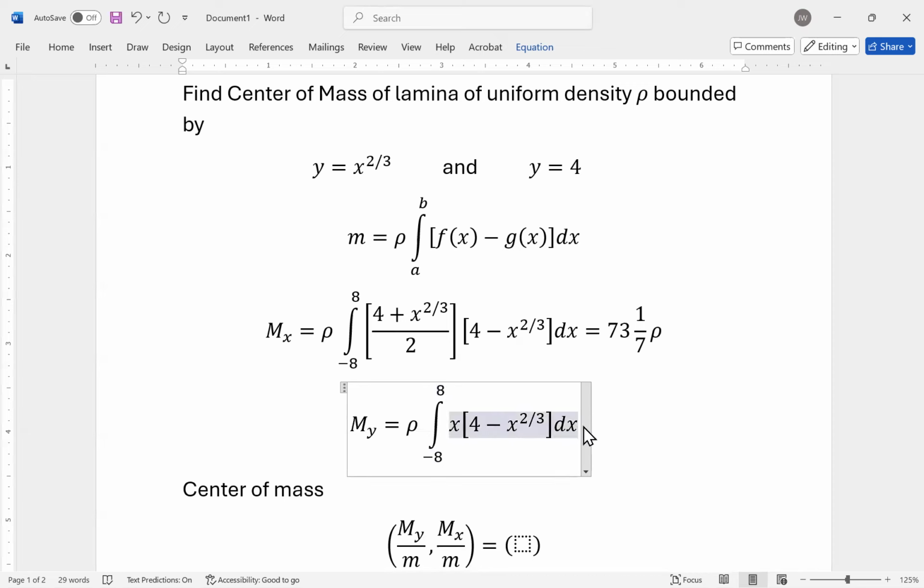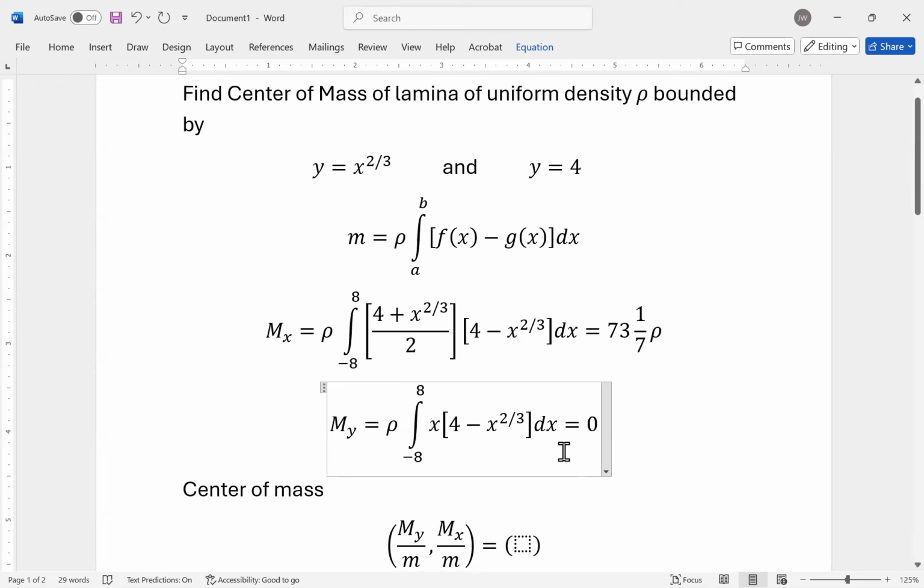When we do this integration, we get 0, or 0 times rho, if you wanted to do it that way, which is what we expected. Remember, we expected the moment from the y-axis to be 0 because our shape looked symmetric about the y-axis. Our lamina did.